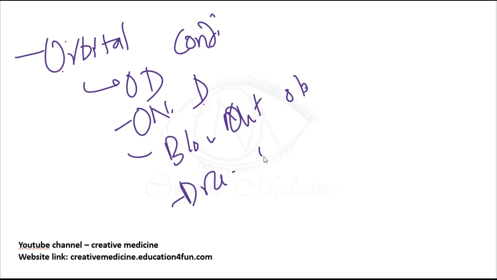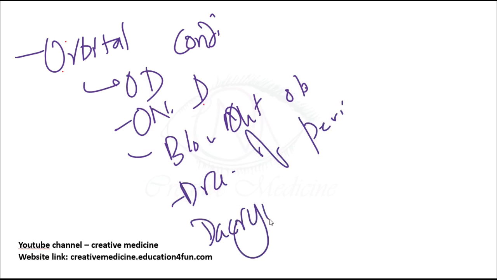It is also used in drainage of periorbital abscess, and also in dacryocystorhinostomy we use this functional endoscopic sinus surgery. So it can be used for orbital conditions like orbital decompression, optic nerve decompression, blowout of orbit, drainage of periorbital abscess, and dacryocystorhinostomy.